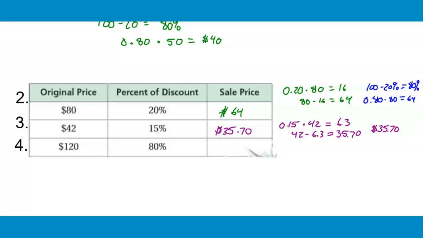All right, so the last one here, 80% of the original price. 80% discount is a heavy discount. That's a great discount if you could get that. So 0.80 times 120 equals 96. Now remember, there's 2 steps to this. That number that I just got is the amount that I'm decreasing or discounting the original price.